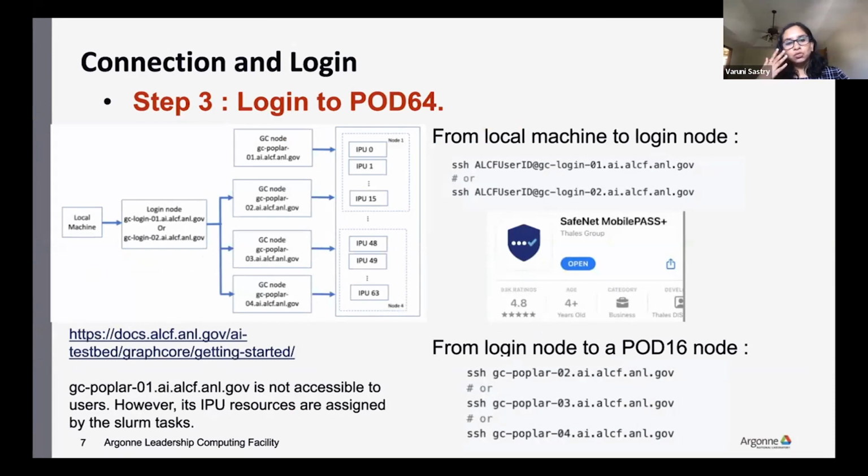The first step is to log into what is called a login node from your local machine. There are 2 login nodes at this point of time, GC login 01 or GC login 02. You can choose either of these login nodes to log in to those Graphcore login machines.